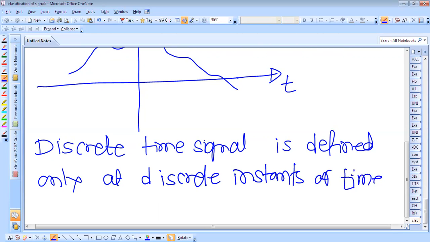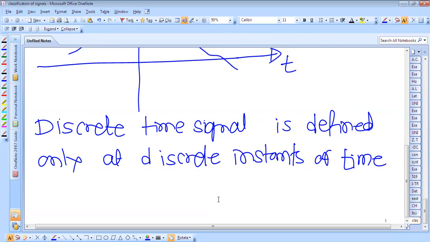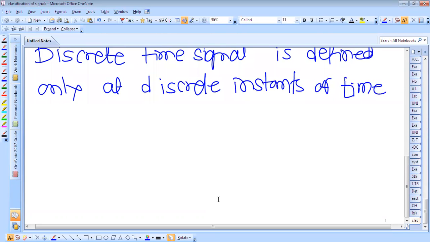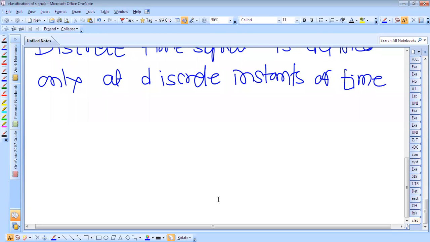So it is not defined for continuous instants of time. Therefore the independent variable has discrete values. Which is the independent variable here? The time, and this independent variable has discrete values which are usually uniformly spaced.